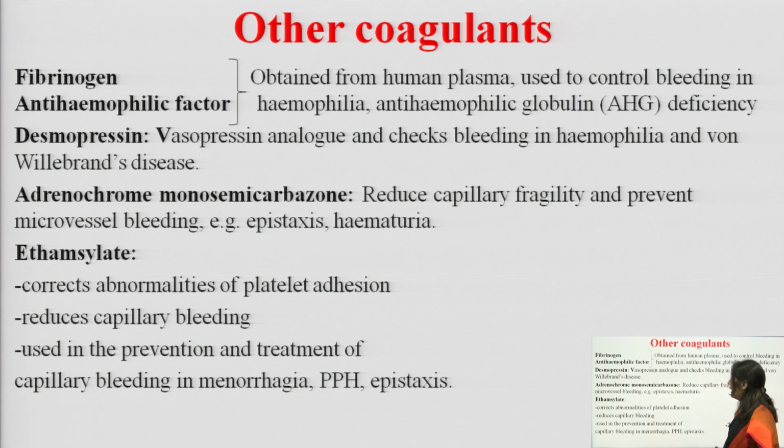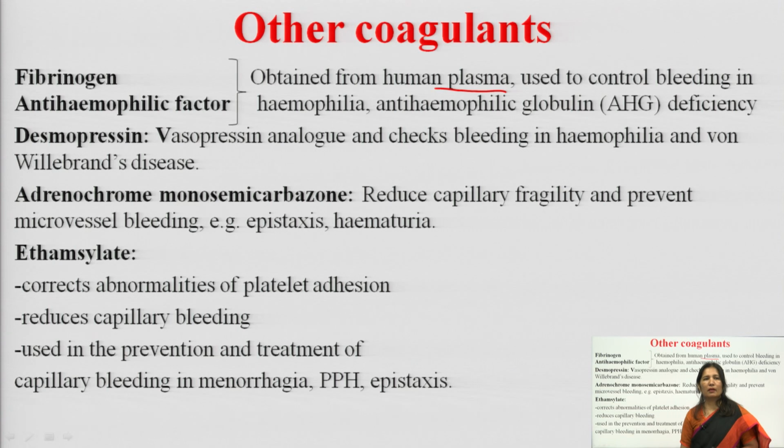Other coagulants are fibrinogen and anti-hemophilic factor, which are obtained from human plasma. They are used to control bleeding in hemophilia and anti-hemophilic globulin deficiency. Desmopressin, which is a vasopressin analog, checks bleeding in hemophilia and von Willebrand's disease.